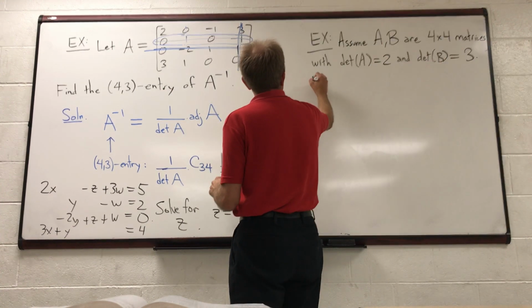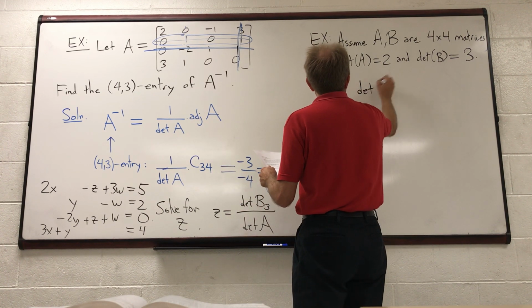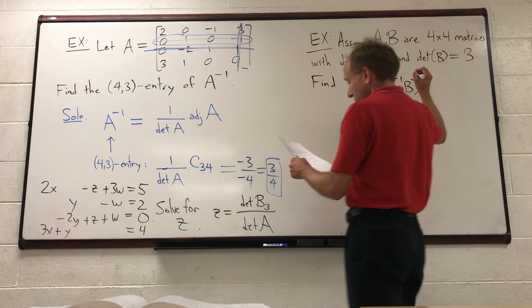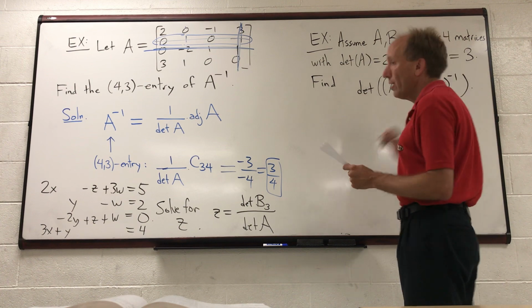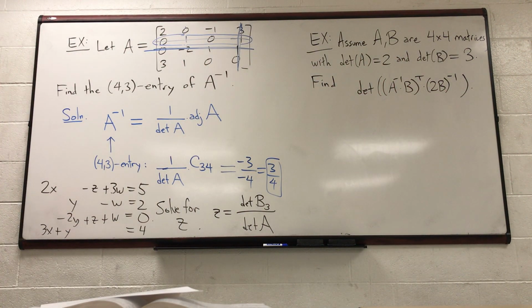Here's what I want to do. Can we try this one? Let's find the determinant of (A inverse B transpose times (2B) inverse). Try this one real quick.